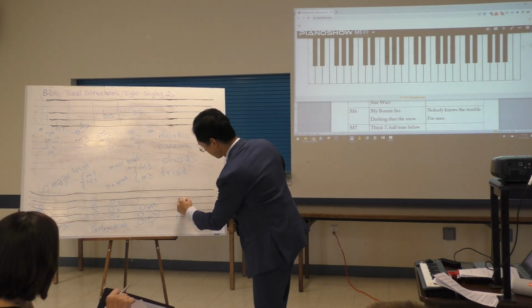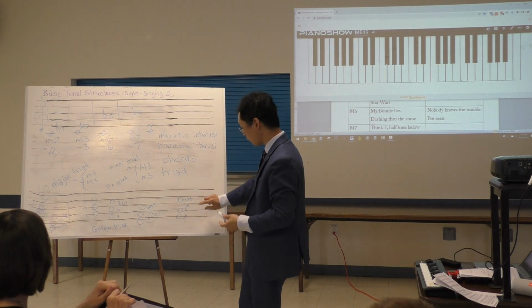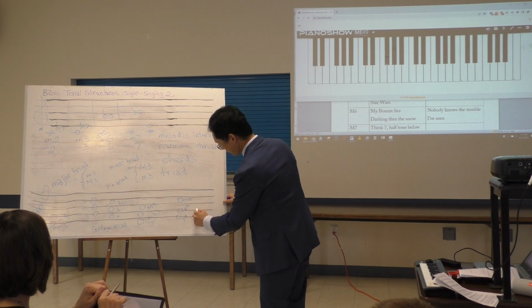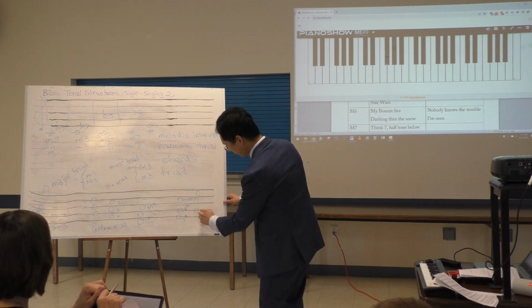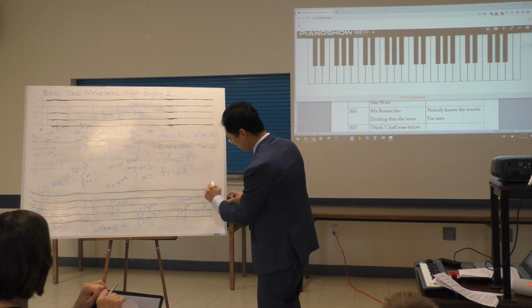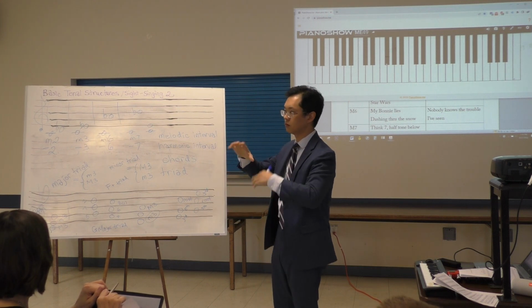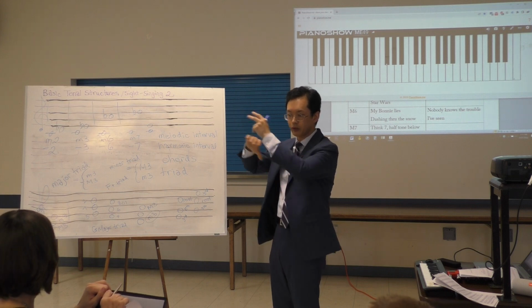So now this is the root, 3rd and 5th. Or we can even flip it one more time so that the 5th is on the bottom. It's like playing with 3 different colored blocks and reordering them.